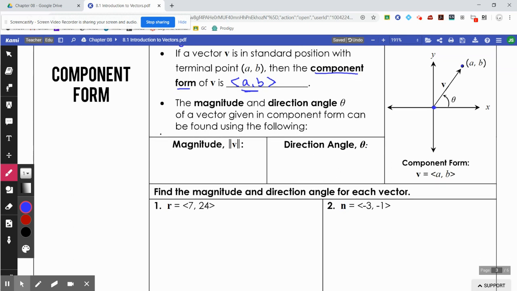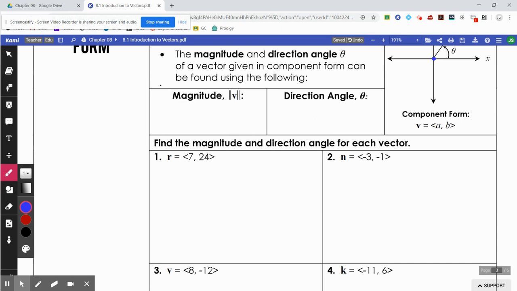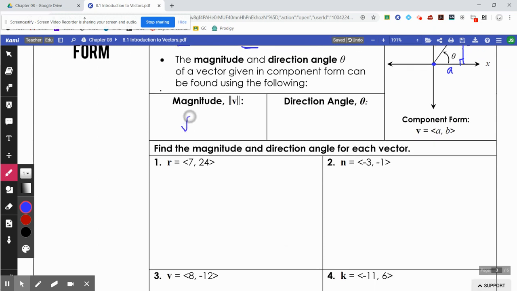The magnitude and direction of a vector can be found using the following formulas. The magnitude is simply the Pythagorean theorem, but it's easier now because we don't have to find the distance anymore. This will be a, this will be b. So the magnitude of vector v is the square root of a squared plus b squared.